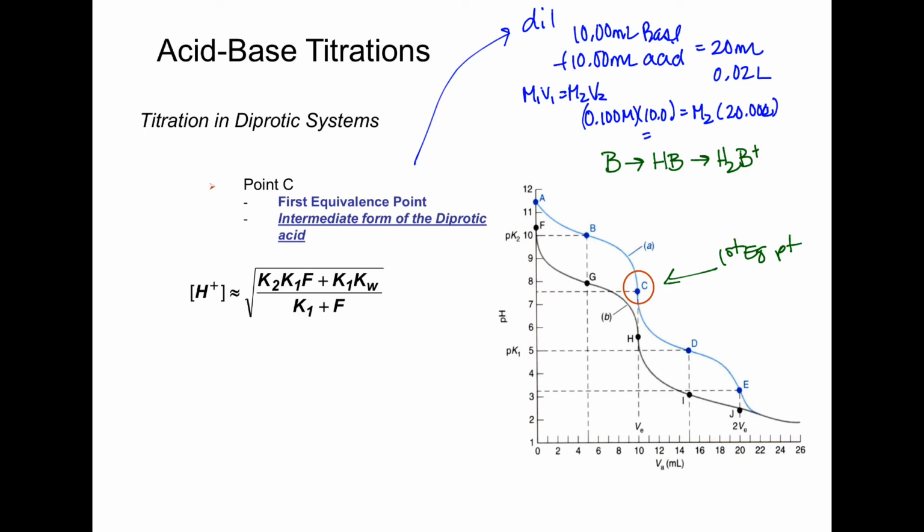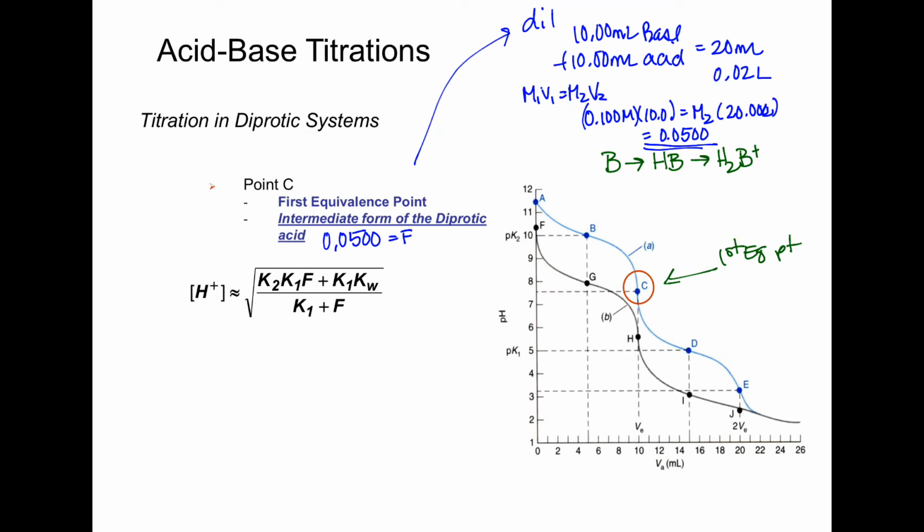And so my new molarity is 0.0500. That is how my initial concentration of base has changed due to the volume change. I'm just going to write that over here so that we don't lose track of it.